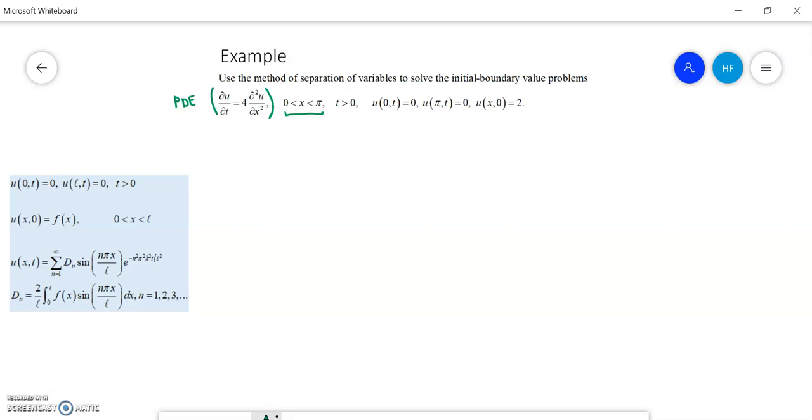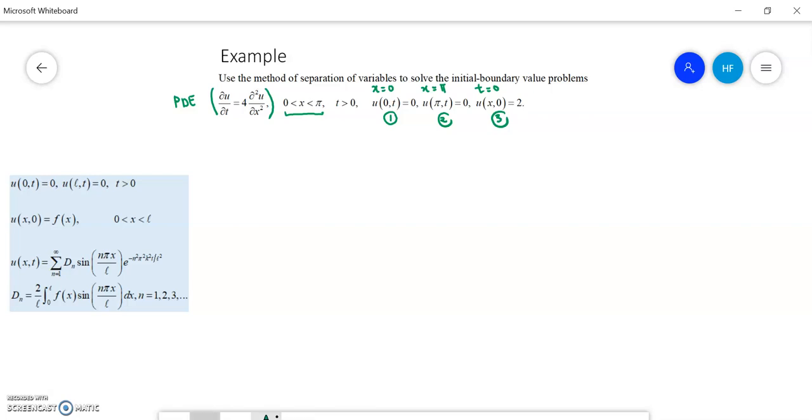And they gave you three conditions. The first one is when x is equal to 0, the value of u is equal to 0. The second one is when x is equal to pi, the value of u is equal to 0. And the last one is when t is equal to 0, the value of u is equal to 2.